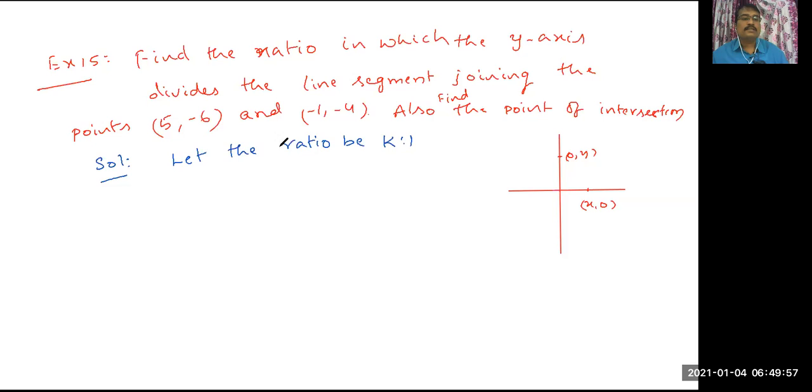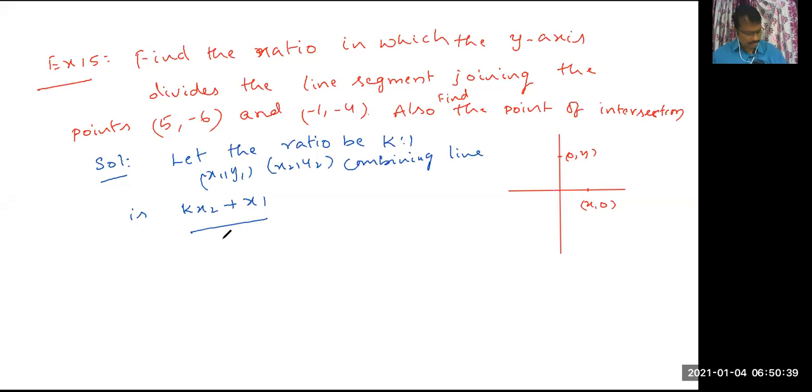Let the ratio be k is to 1 dividing (x1, y1) and (x2, y2), joining line. రాసుకుంటారా, k x2 ప్లస్ 1 into x1, లేదా డైరెక్ట్ x1 రాయొచ్చు. k x2 ప్లస్ x1 బై k ప్లస్ 1, k y2 ప్లస్ y1 బై k ప్లస్ 1.